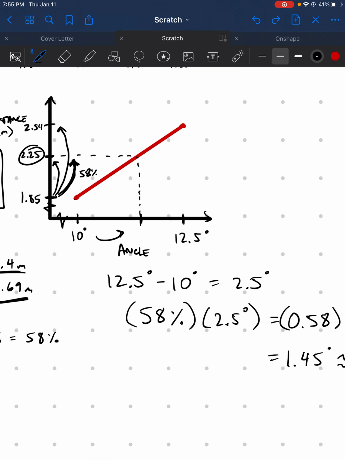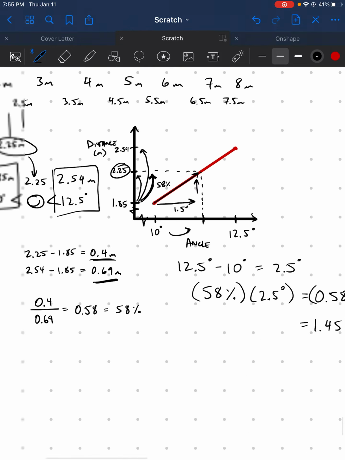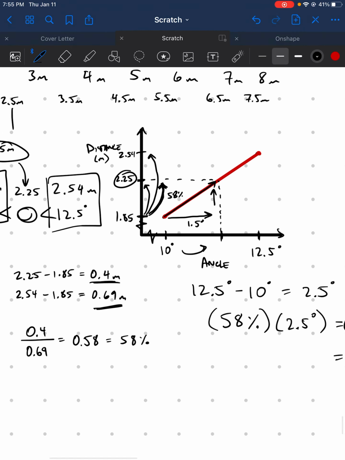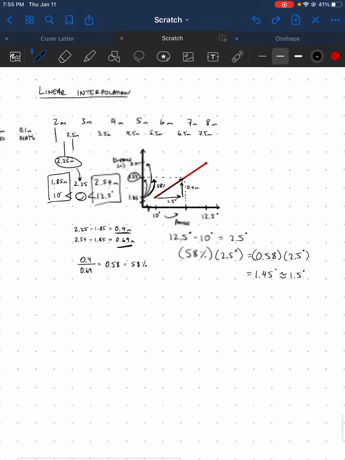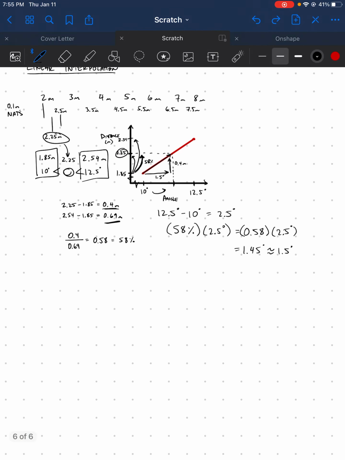As we're going along this line, we're increasing this 10 degree angle by 1.5 degrees, and that gives us an increase in meters of 0.4 meters. You see this right triangle right here, so we use the Pythagorean theorem.